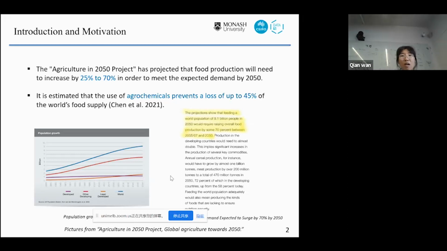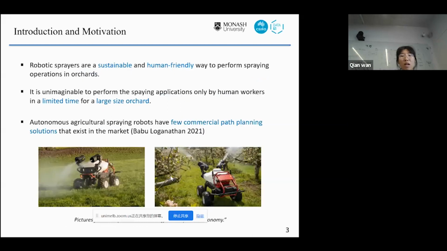For agricultural chemicals, the robotic sprayer offers a sustainable and human-friendly way to perform spraying operations in orchards. With increasing orchard size, the time needed for spraying operations increases, making it impossible for human workers to complete the task within a limited time frame.